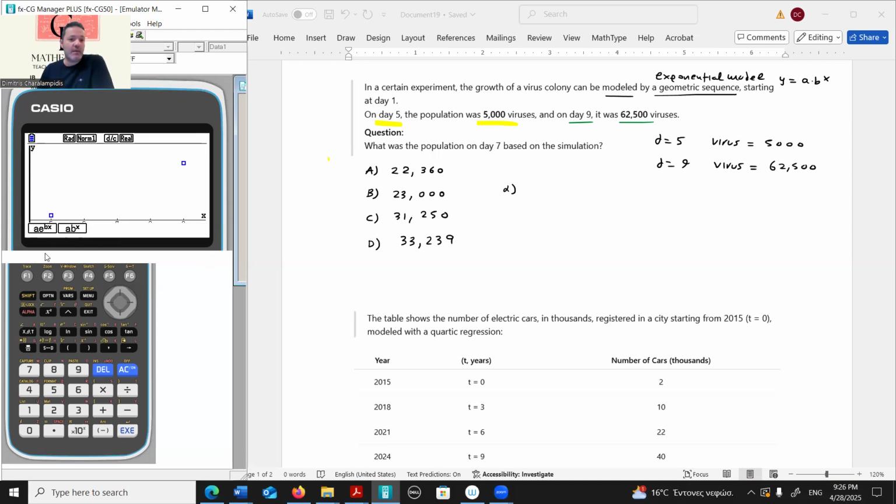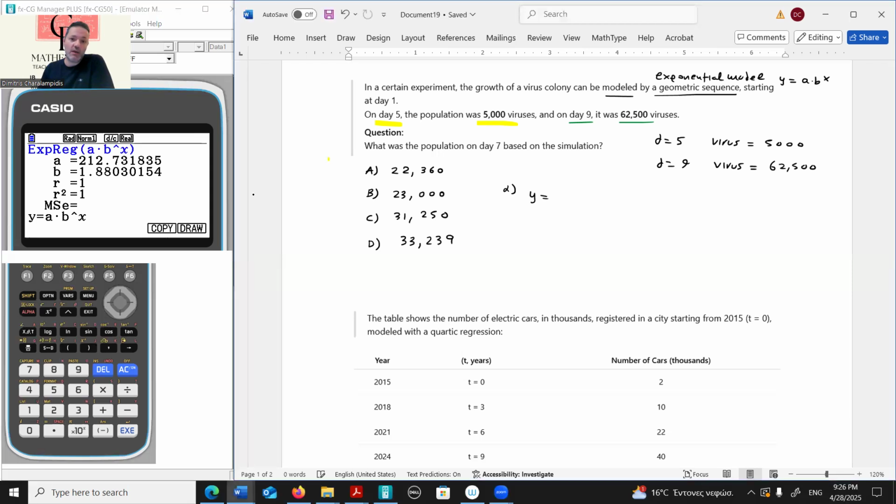So F3, which type? A times b to the power of x, F2, and there it is. So far, we know that this model should be y equals 212.732 times 1.88 to the power of x. But we will not need that.